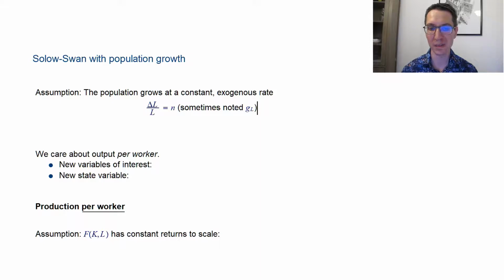So the investment, which is savings times output, was exactly the same as depreciation, which was delta times K. And now, for some reason, people decide to have children and they enter the labor market, or some immigrants join the labor market, or they could leave as well. But let's imagine an increase in population.